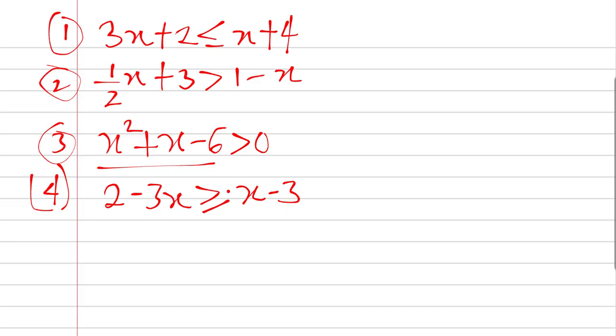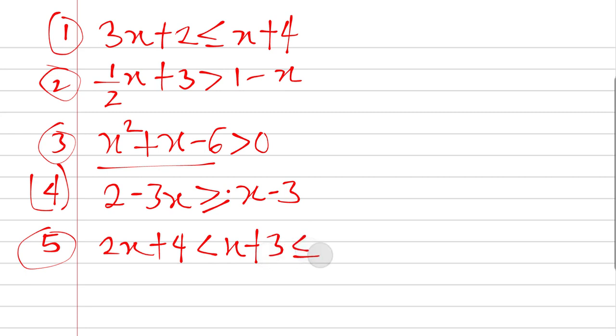Then the last part that I did, let me also give you that part, and that is 2x plus 4 less than x plus 3 less than or equal to, just less than 4x minus 5.